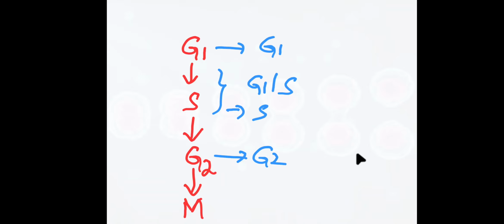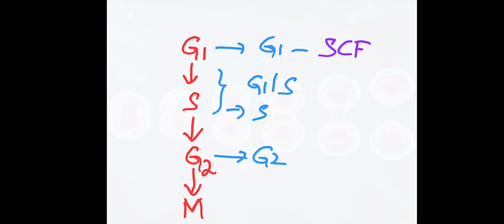The destruction of G1 cyclin is done by the ubiquitin ligase SCF.